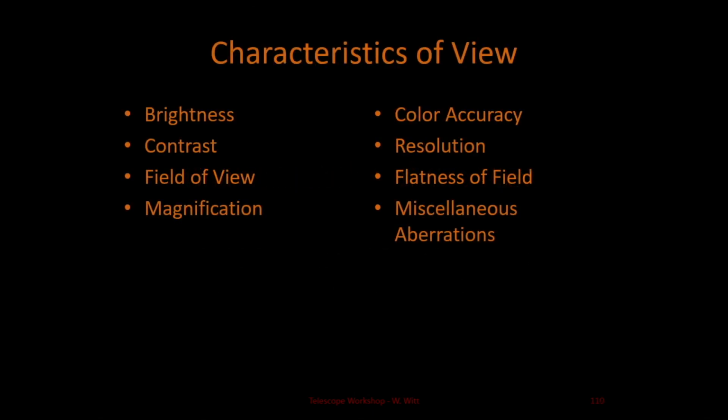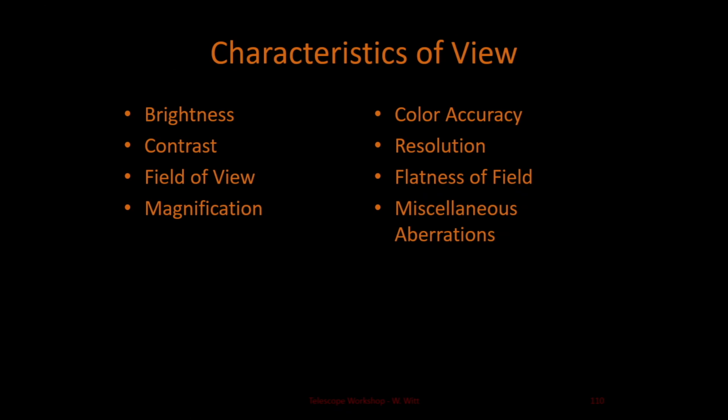Okay, so when we're looking at an object, we're considering a bunch of different characteristics. Obviously, Wolf talked about how aperture affects how much light we can see, or sometimes we call that how bright something is, or the contrast, the difference between the light and the dark areas. If there's a big difference between the light and the dark, that's a higher contrast, and that's desirable in our view.